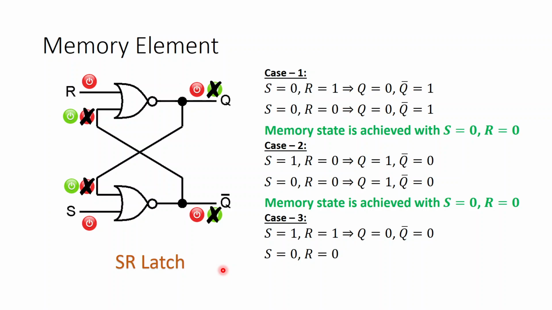So the S equals to 0, R equals to 0 configuration which we were putting up as the memory state now becomes an unstable state if we are starting from the S equals to 1, R equals to 1 input configuration. Note that S equals to 1, R equals to 1 does not lead to instability. However, giving S equals to 0, R equals to 0 after the configuration S equals to 1, R equals to 1 will lead to this unstable condition.